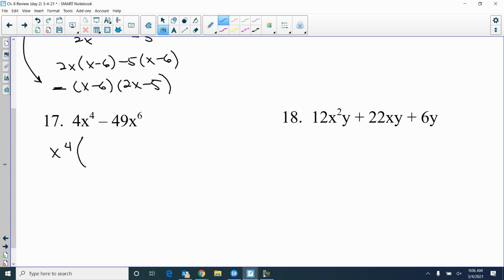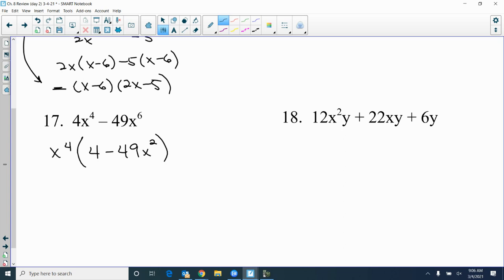When you divide by x to the fourth, we get 4 minus 49x squared. Now, I'll tell you that factors again. 4 minus 49x squared is a difference of squares like we just had.